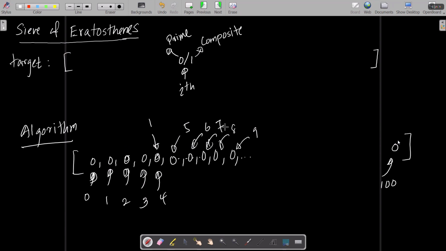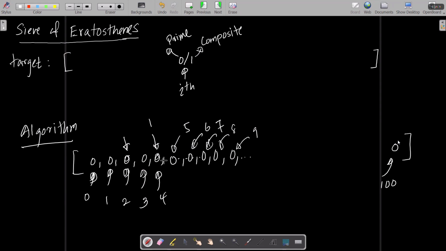When we come to 2, we make all the multiples of 2 equal to 1. That is pretty convenient, right? Because multiples of 2 cannot be primes, since 2 is a factor of all of those numbers. Therefore, those are not primes.